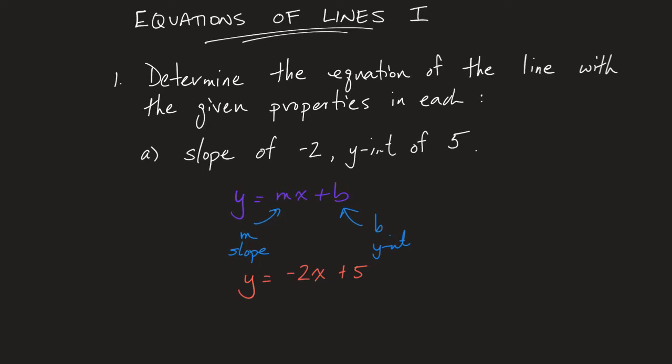Hopefully we match up. Nice and straightforward on the first one, and that gives you a real good gauge as to whether you have that form of an equation of a line from the past. Okay, let's take a look at the next one.